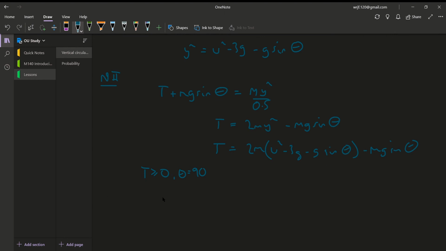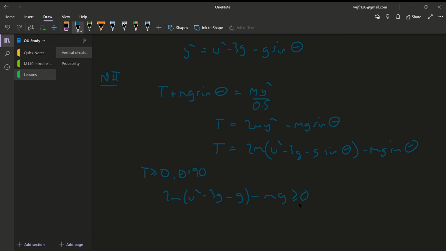So that's just telling me now that I want 2m times u squared minus 3g minus g sine 90. Well, sine 90 is 1, so that's just a g. And then minus mg sine 90 again, that's another 1 there, so I can just have that as g. We want that to be greater than or equal to 0.